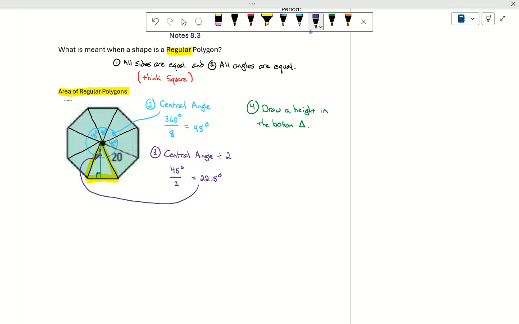So that 22.5 degrees goes at the top of the right triangle that you created. Step number 5. Okay, step number 5. You're going to draw the interior right triangle.